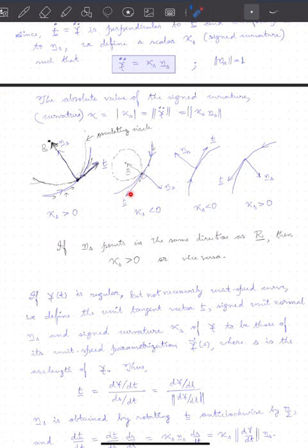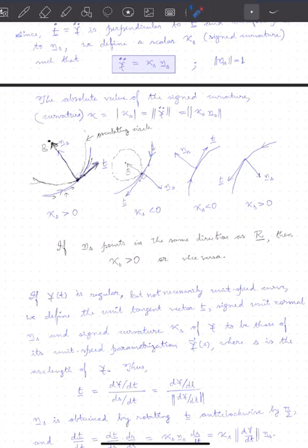The tangent is, of course, this t vector here. We draw the n of s vector, which is going to be perpendicular to the t vector, and of course in the anticlockwise direction. Now, what we see is, in this case, the signed curvature kappa of s is less than 0. Right? And likewise, there are two different scenarios.